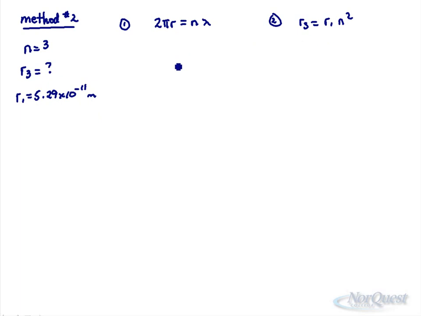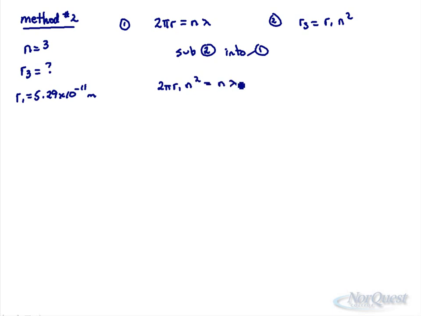I'm going to substitute, because this is all a little easier to work with, I'm going to substitute 2 into 1, and I'm going to get 2 pi r1 times n squared equal to n lambda.